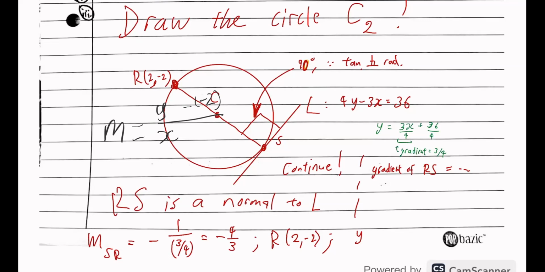Just sub in one of the y and x. Perfect. That's it. What's m? M is the gradient of the perpendicular line, -4 over 3. Okay, that's the formula. That's the equation. Okay, let's simplify it. I'll copy down what you wrote.